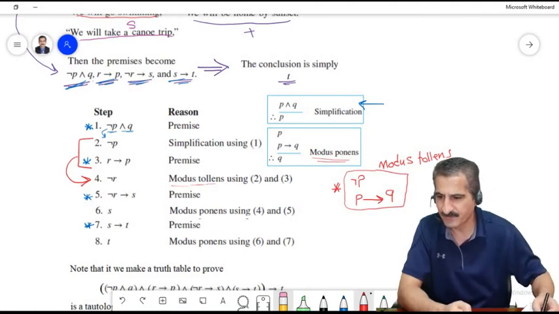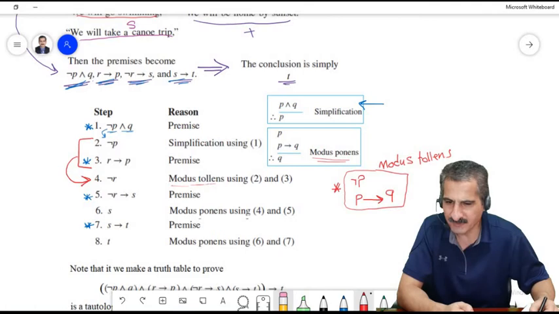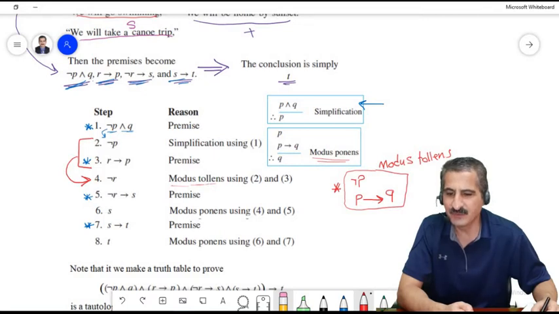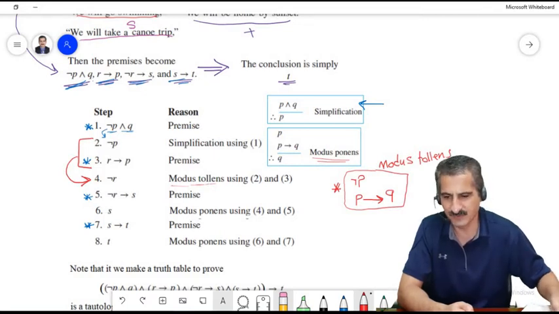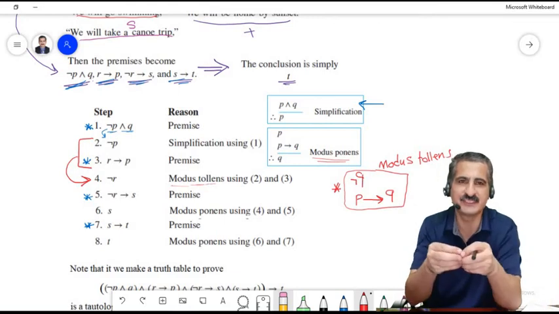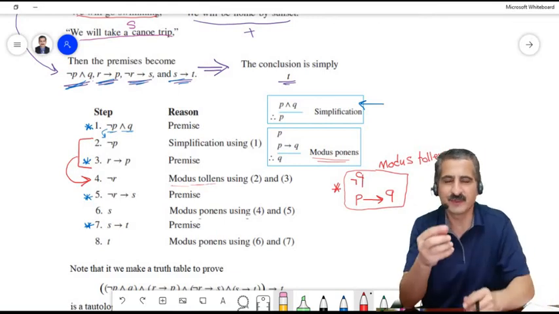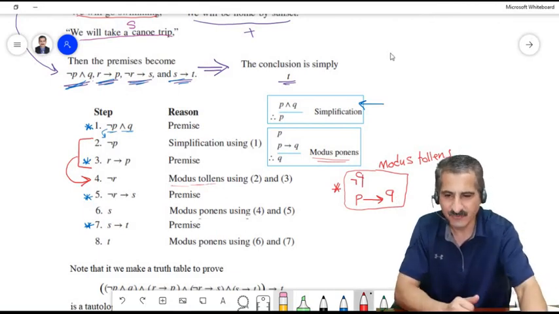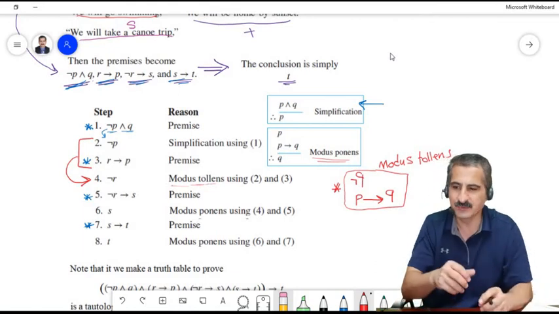So we have not P and R gives P. Sorry, this is supposed to be Q here, this is not Q. Now to apply this rule, written in red, to move from 2 and 3 and conclude 4, we will substitute for Q in red and replace it by P.